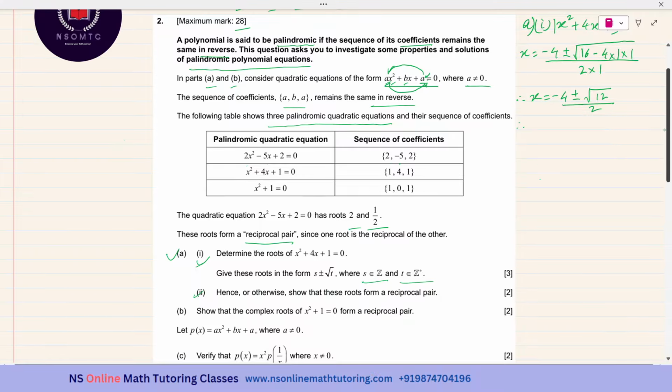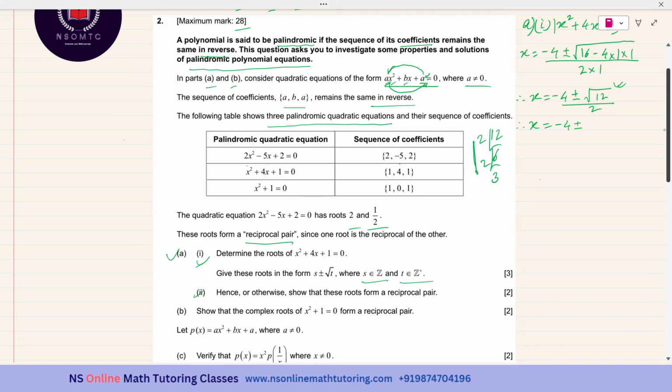First of all, let me simplify this one. Minus 4 plus minus the square root of 12. Always you have to get the prime factors of the number within the root. So it is 2 times 6 and 2 times 3. Since it is a square root, we pair the numbers and take out one number from each pair.